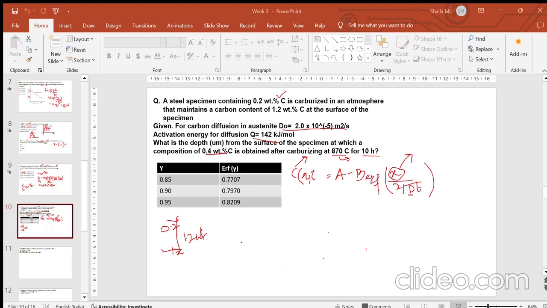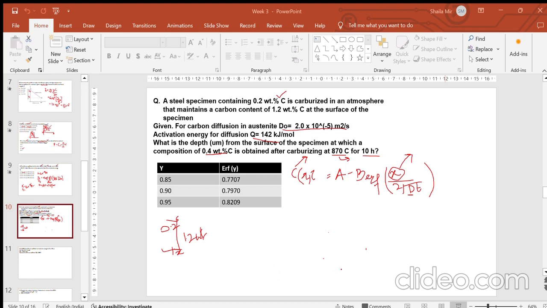Here we can do 0.8 minus this 0.77, 0.7707, and divide it by 0.82, because I want the extreme two values, 0.09 minus 0.77.